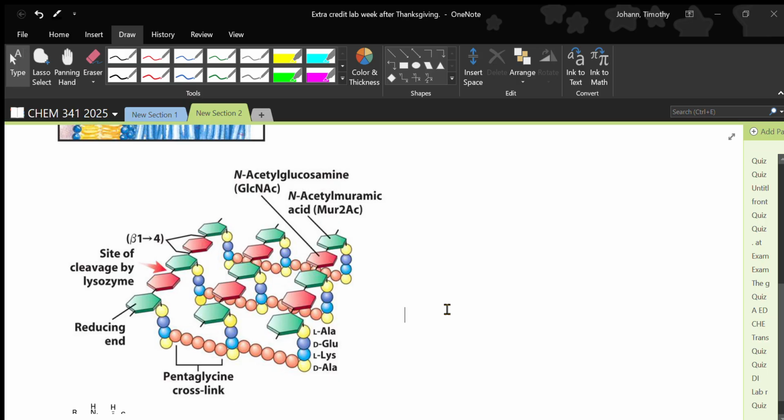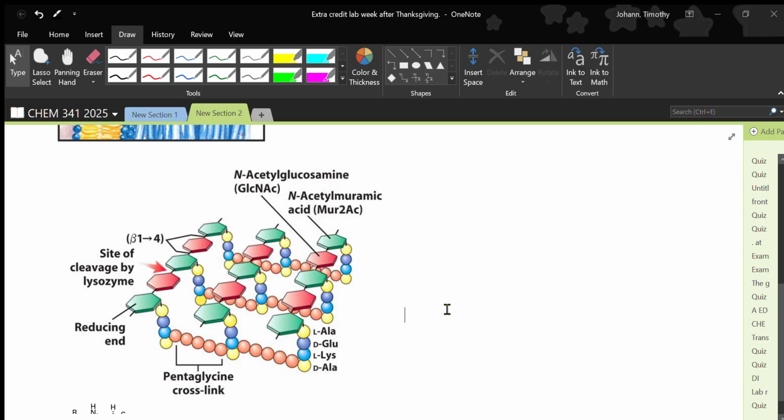Can you tell what cross-linking means? Good question. If you think about this, we've got these three chains here. You could think about these being your chains, although they'd be more flexible than this.